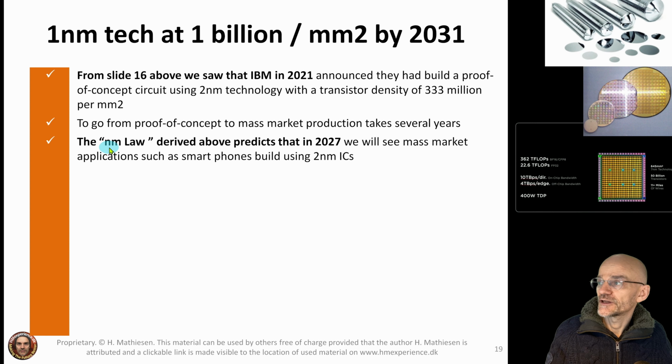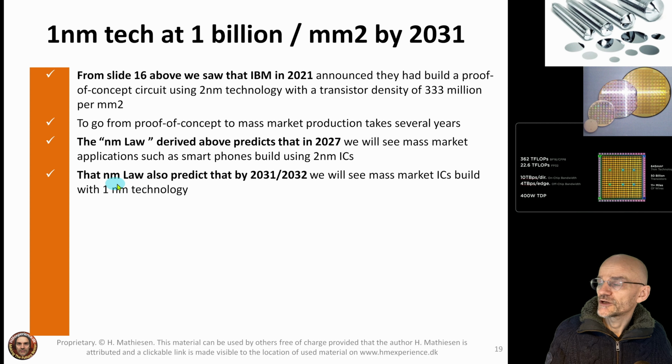And this nanometer law that we just derived predicts that it will take until 2027 to see mass market applications with 2 nanometer ICs inside. 2 nanometer ICs will probably be in 2027 in the iPhones and computers from Apple and from Samsung and all the other big vendors.